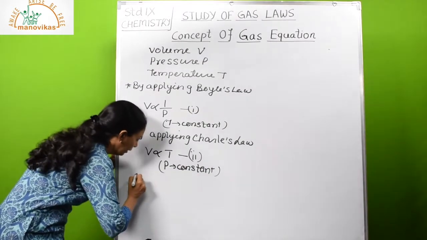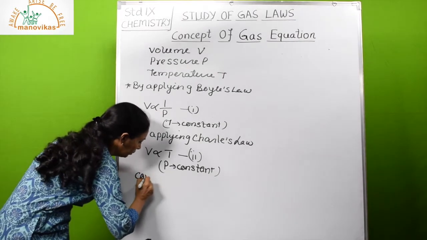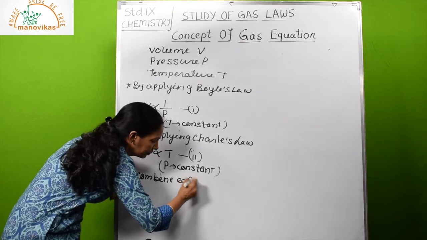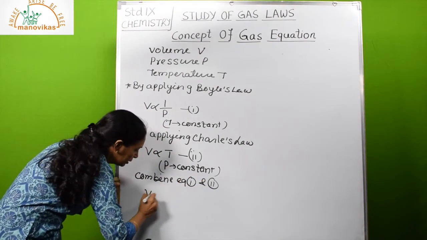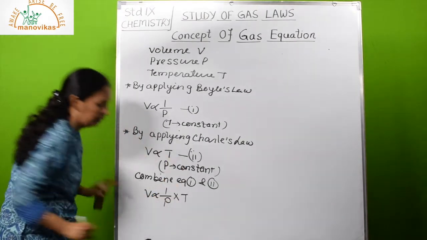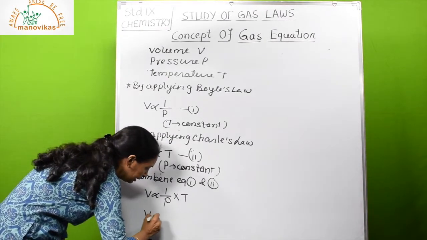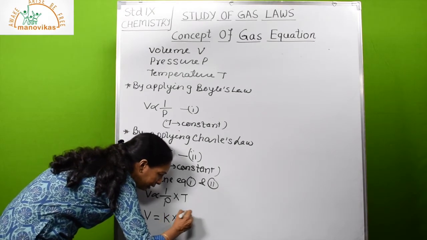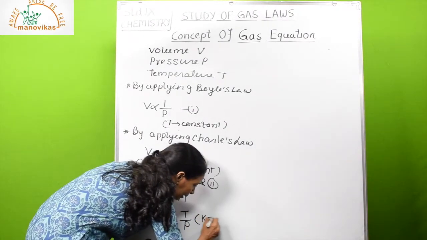So by combining equation 1 and 2, what do we get? V is proportional to 1 upon P into T, which can also be written as V is equal to K into T upon P, where K is a proportionality constant.